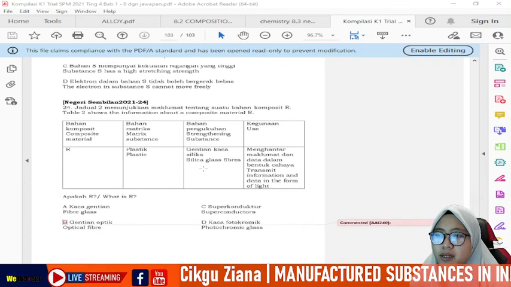Okay, Negeri Sembilan. What is R? Its matrix is plastic and the strengthening substance is silica glass. Which one? Optical fiber. Optical fiber. Okay, it transmits information and data in the form of light. That is optical fiber.